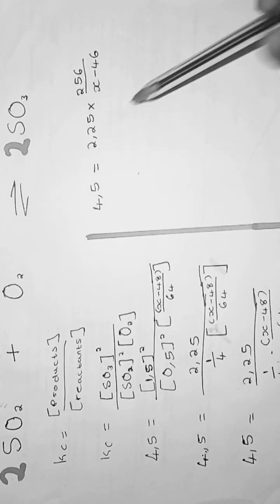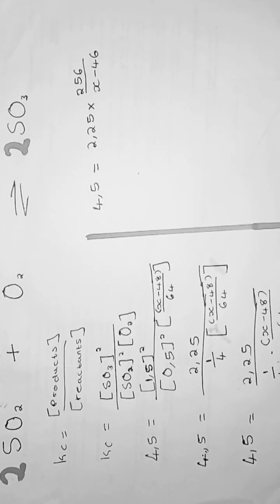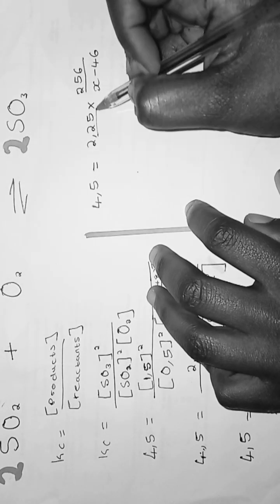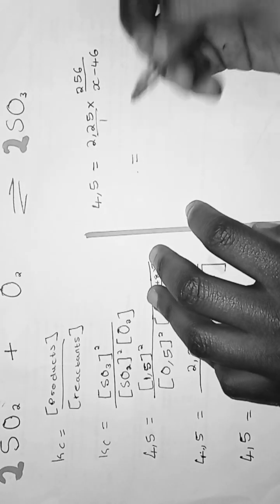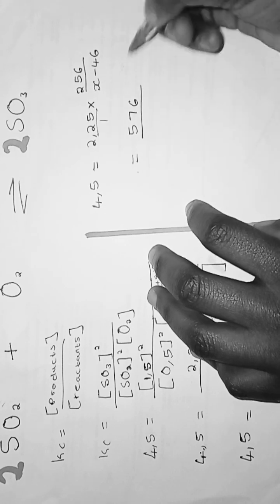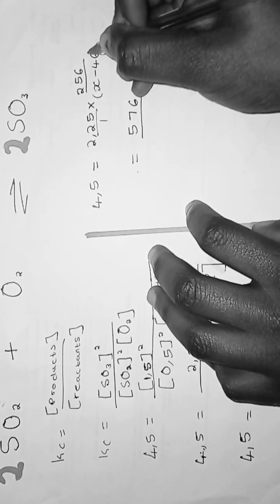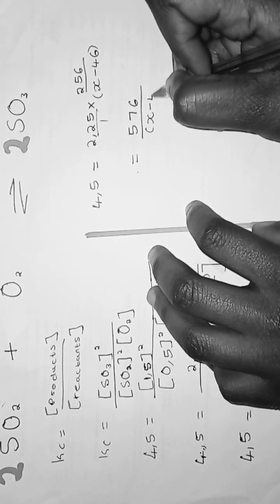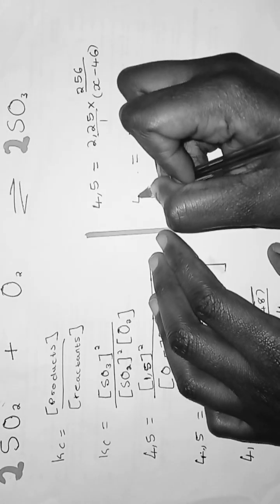Okay, 2,25 multiplied by 256, I'm getting 576. So I'm getting 576 all over brackets x minus 48, 4 comma 5.